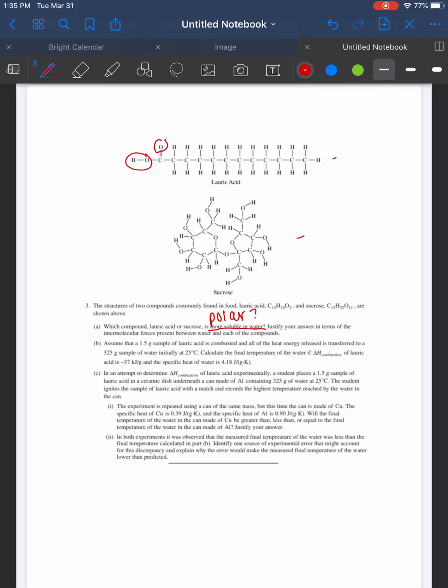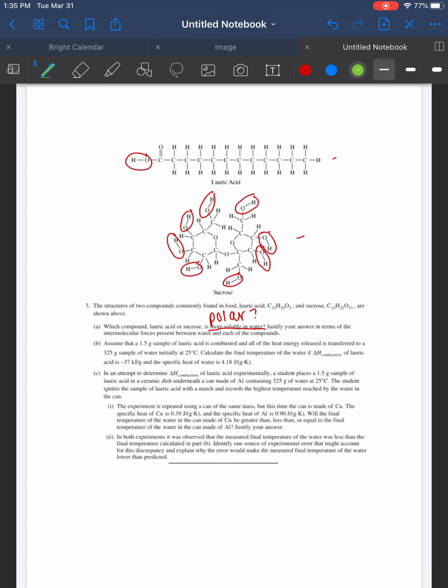Okay, so in sucrose, we have a lot more of those OHs, which are possible sites for hydrogen bonding with other sucrose molecules. With those OH groups, there is a dipole formed between the oxygen and hydrogen.